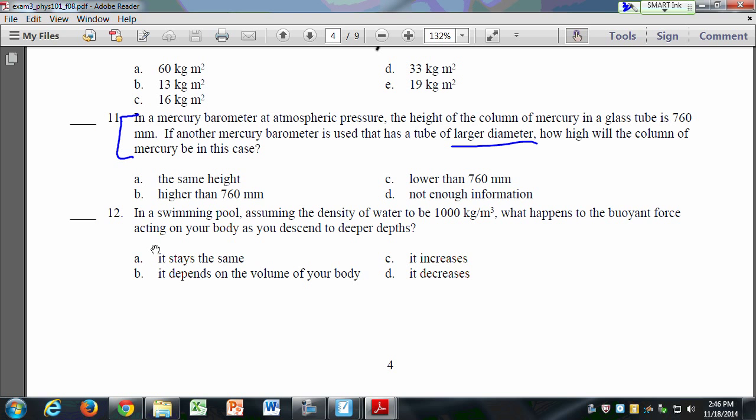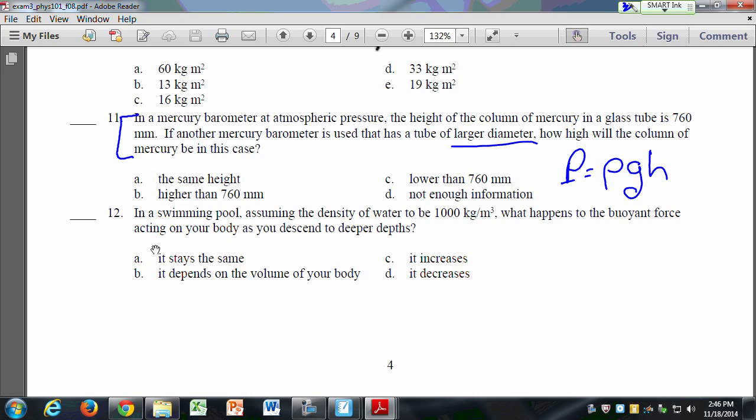If you're in the class, we actually didn't do this in class. Remember, P is dependent upon rho, g, and h. So the pressure is only dependent upon the height of the column of mercury, or vice versa. Only the height is dependent upon the pressure. So if I go to a larger diameter tube, how is that going to affect the height? No, it's the same, right?